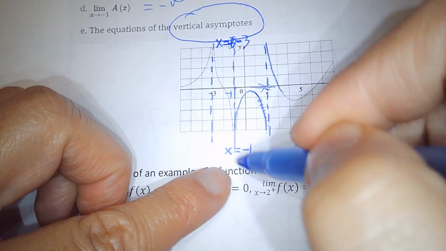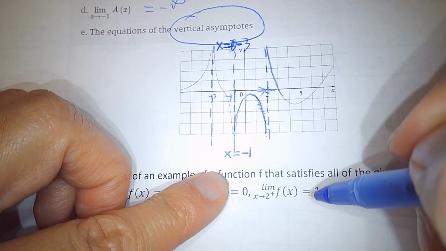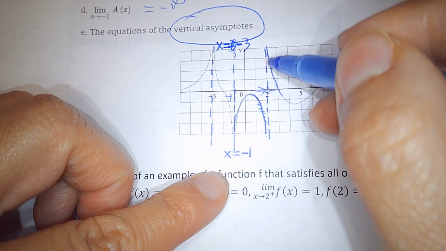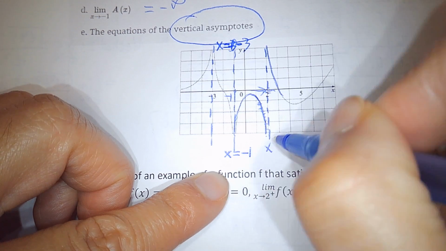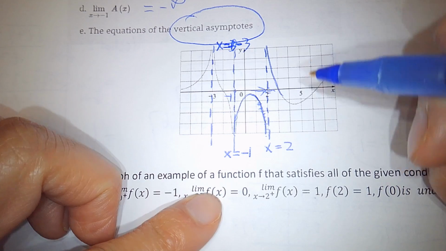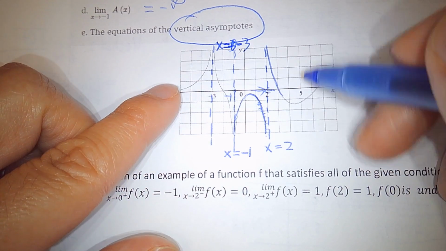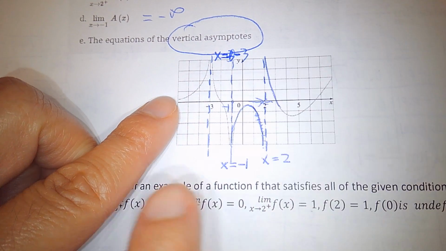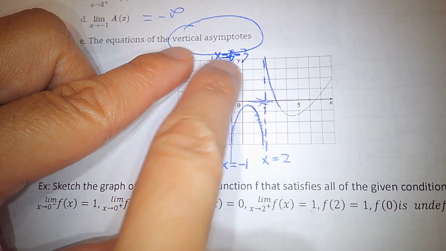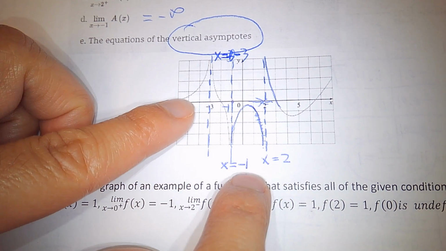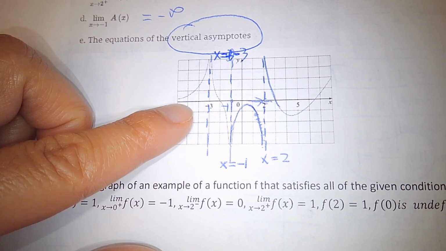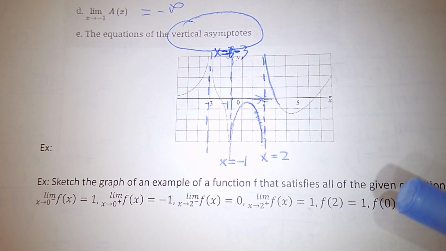This is another vertical asymptote. And then do we have more? This is when x equals 2, right? Do we have more? No more, okay? So how many vertical asymptotes from the graph? 3 of them. x equals -3, x equals -1, x equals 2, okay? So we'll talk about these on the next page, okay?